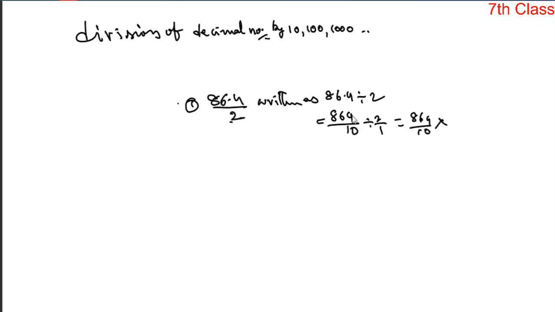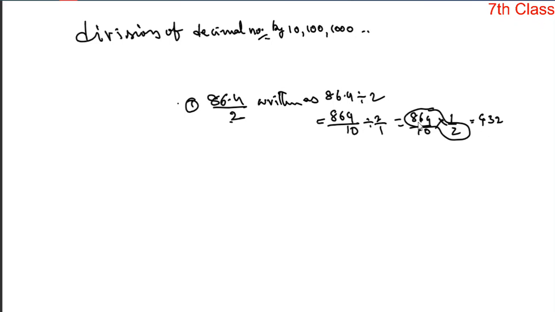To divide any number by a fractional number, we must multiply the first one by the reciprocal of the second one. Now 2 by 1 becomes 1 by 2. First simplify 864 by 2. In 864, how many times does 2 divide? 2 fours are 8, 2 threes are 6, 2 twos are 4, so 432.